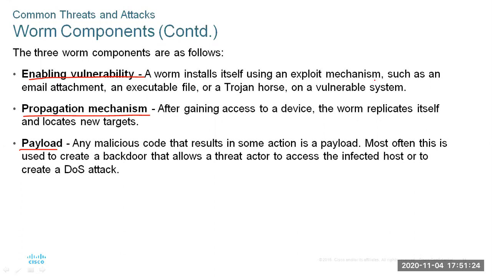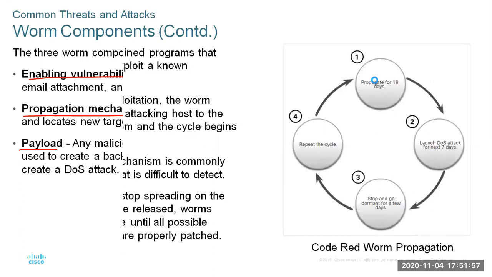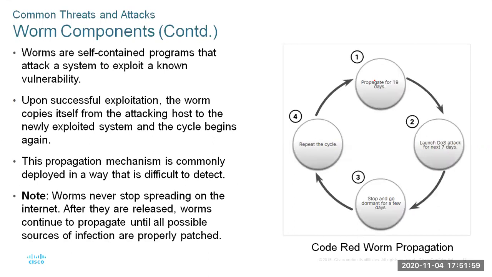All right, so any malicious code that results in some action is a payload. If it replicates itself within a particular system, then the payload is the actual code that does the malicious action that the threat actor has designed it to do. Most often, this is used to create a backdoor to allow the threat actor to gain access to this infected host, and sometimes to create a DoS attack.